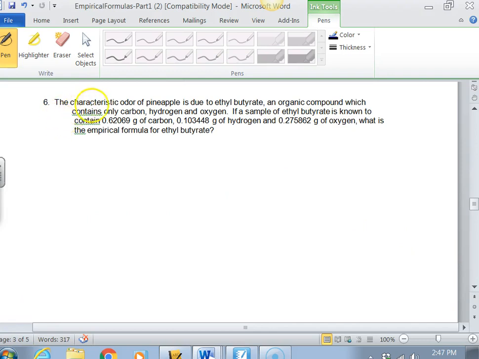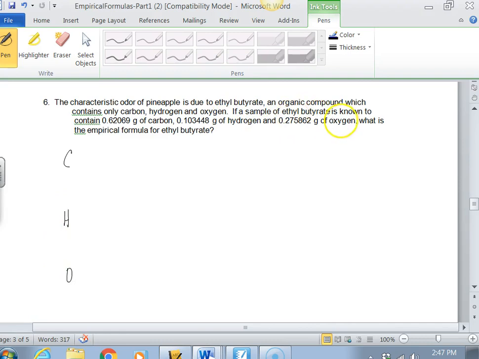Okay, problem number 6. The characteristic odor of pineapple is due to the compound ethyl butyrate, which is an organic compound, which just means it contains carbon. So we know we have carbon, hydrogen, and oxygen.